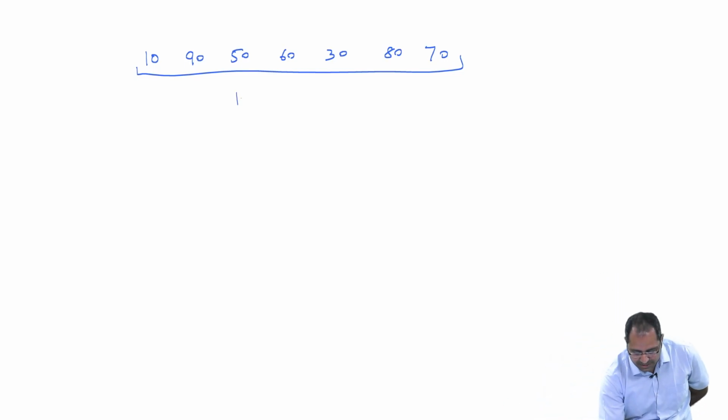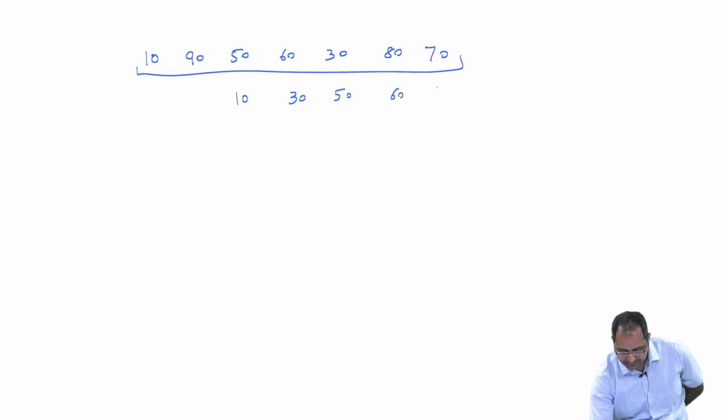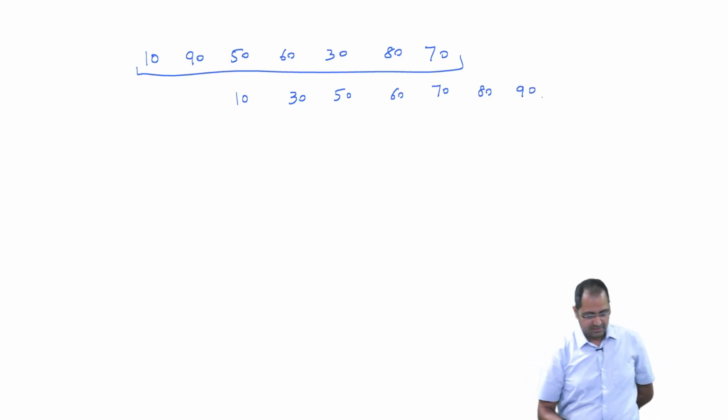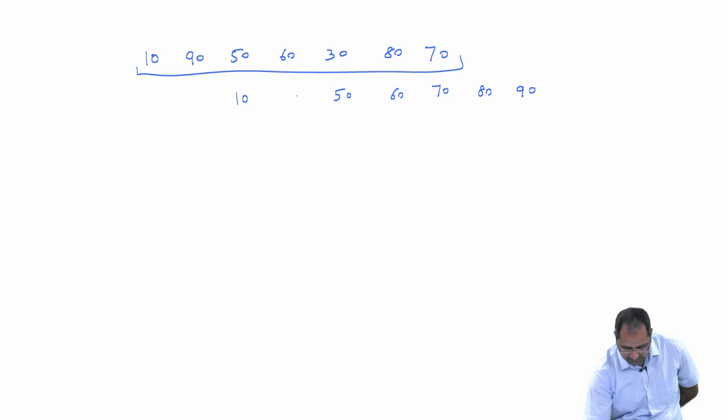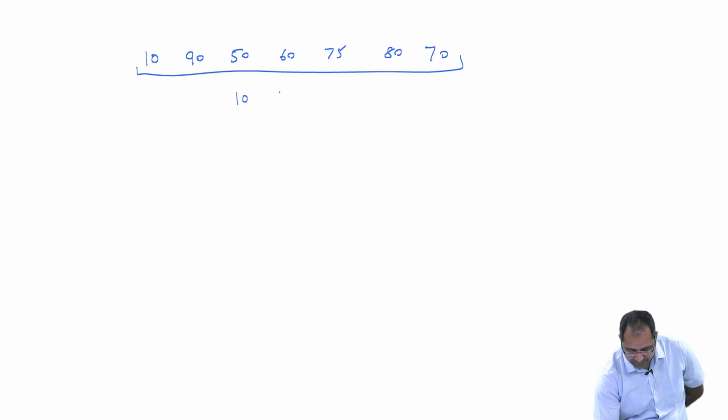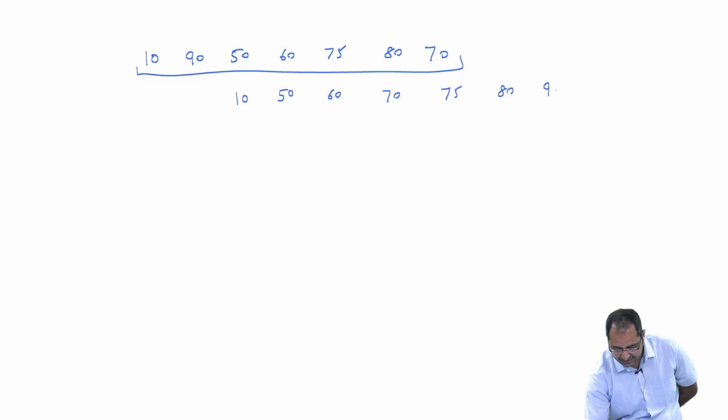So starting from the least one, 10, 50, 60, 70, 75, 80, 90.